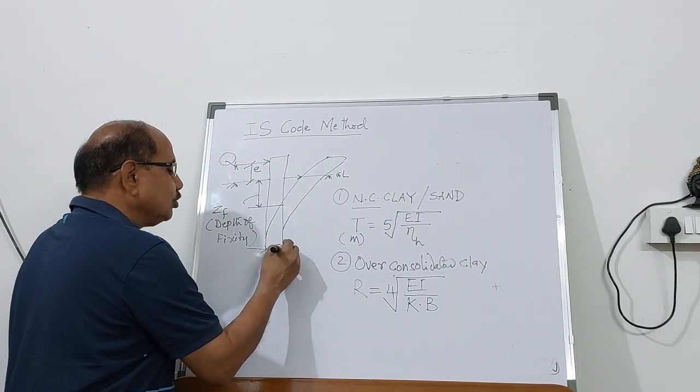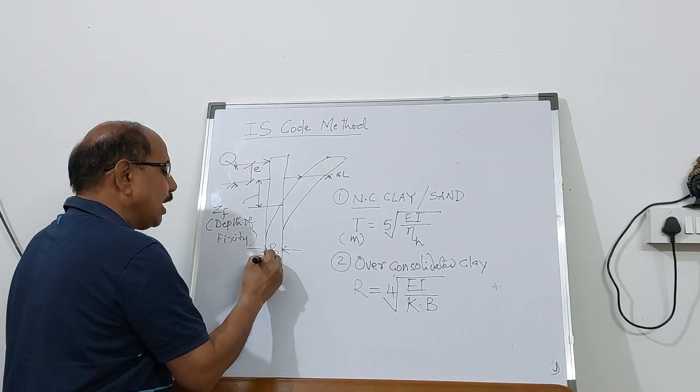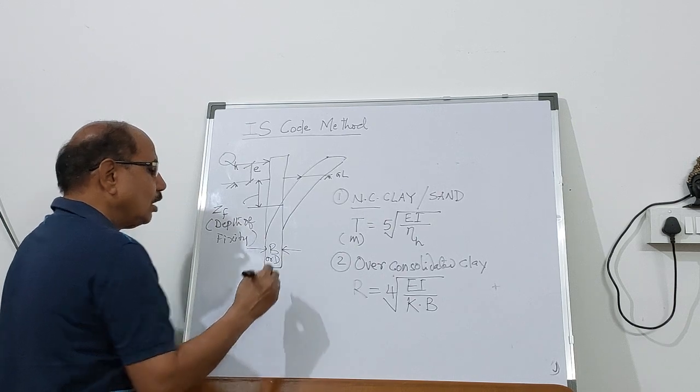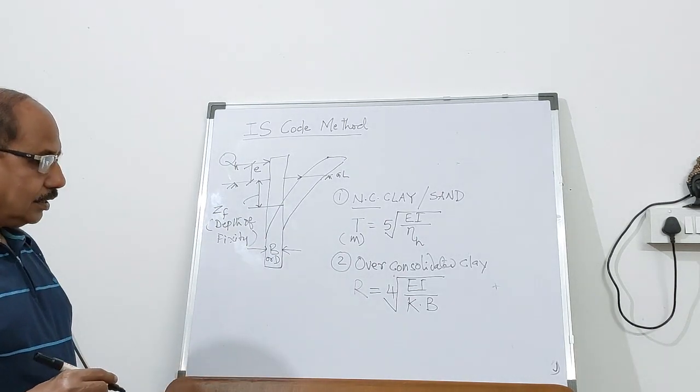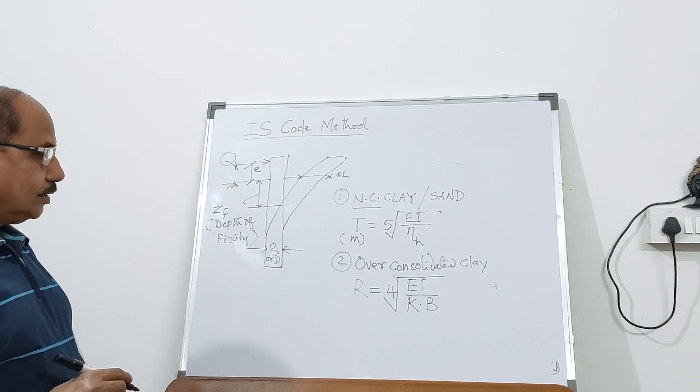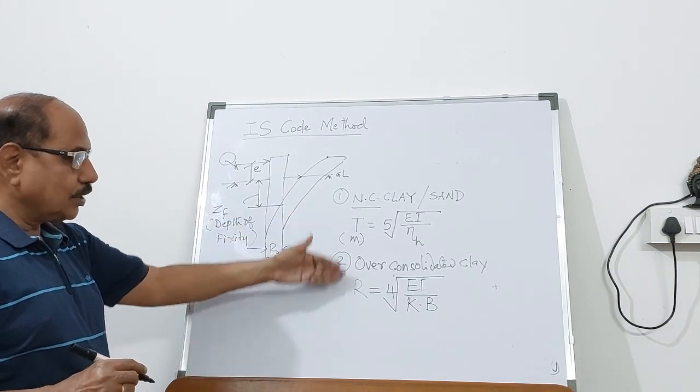So the lateral dimension of the pile is B, or if it is circular, it can be written as D.